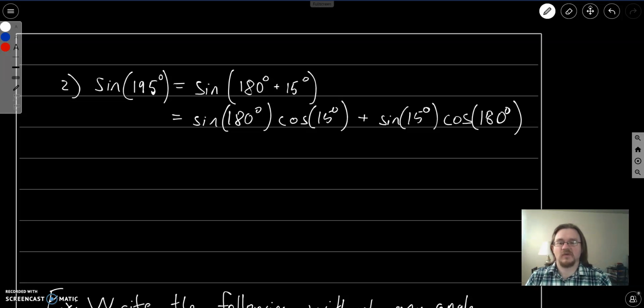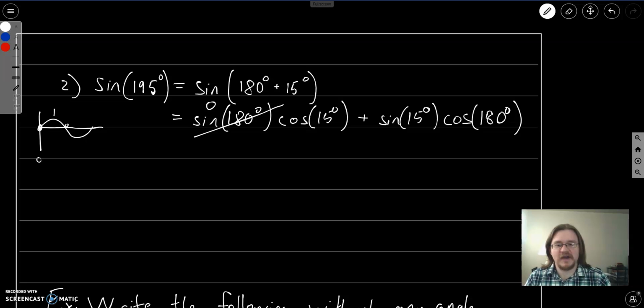So here we just need to know what the sine of 180 degrees is. So when we think about 180 degrees with our sine function, we know that at 0 degrees we're going to be at 0. At 90 degrees we're going to be at 1. At 180 degrees we're going to be back down to 0. So this right here is in fact just 0.